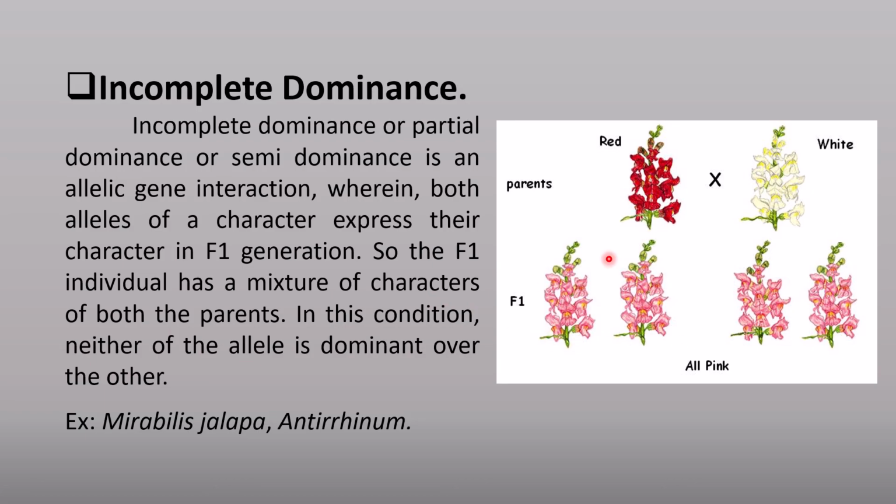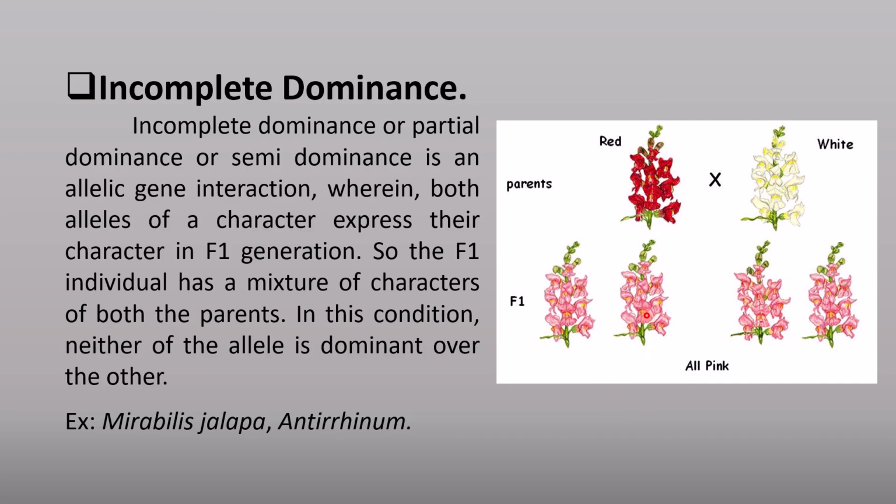The red color expressed itself in the F1 generation, as well as the white. Which means the gene responsible for red color is not completely dominant over the recessive gene. So they expressed, as well as allowed the white to express. So the mixture of red and white became pink.